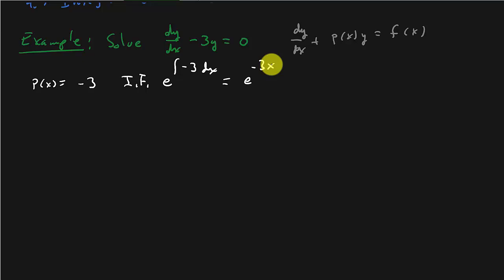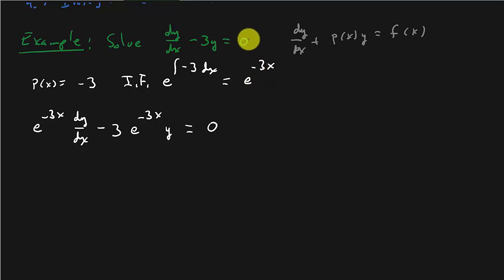Now let's multiply each term in the standard form by the integrating factor. That's going to be e^(-3x) dy/dx minus 3e^(-3x) y equals 0. We multiply this times the first term, this times the second term, and this times the 0.